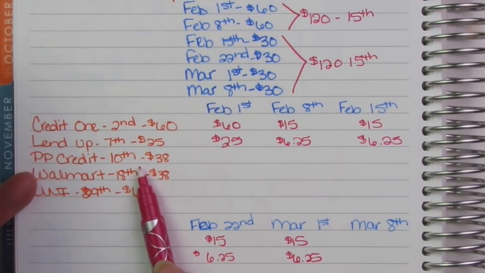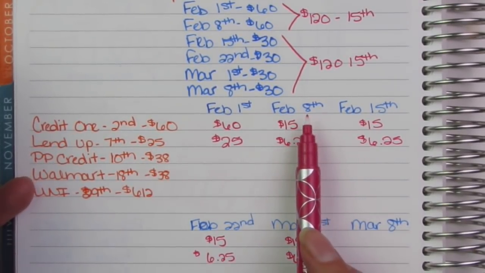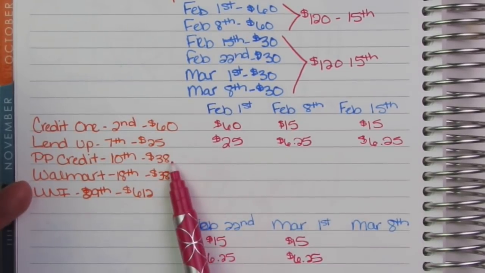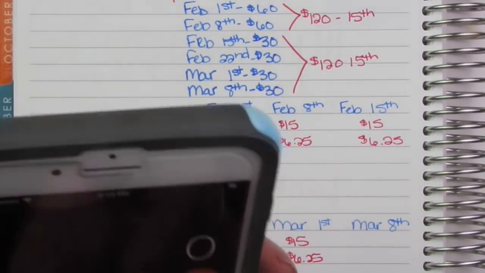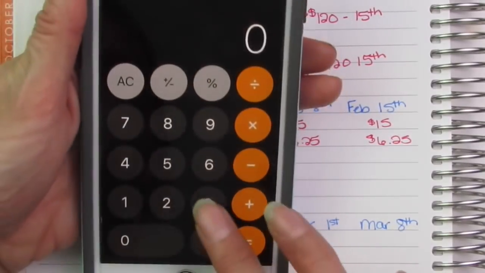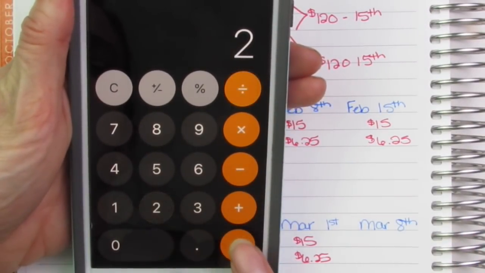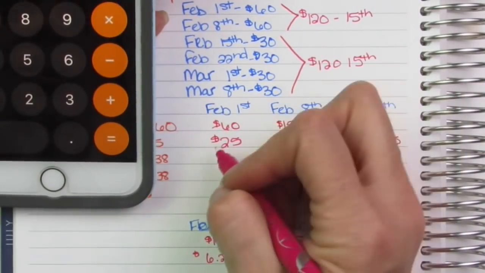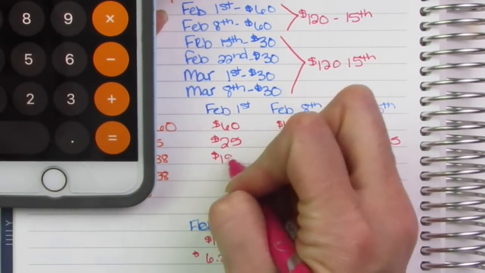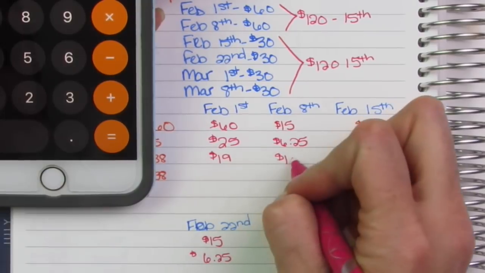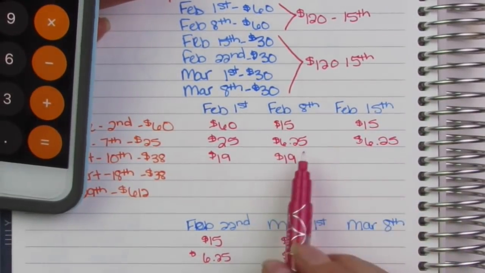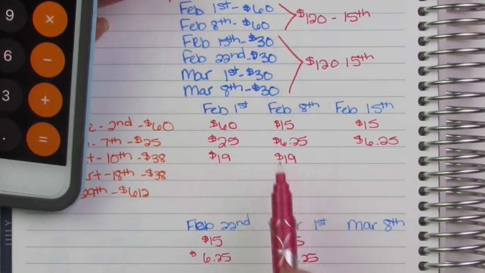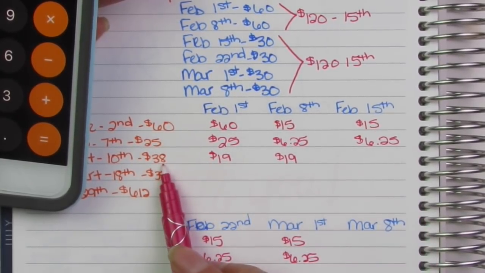PP credit is due on the 10th, so you are going to have 2 paychecks to split it up between before that 10th is due. So you are going to take $38 and divide it by 2, because you're going to have the first paycheck and the 8th paycheck. So you're going to need to do $19 on both of these, and then when it's due on the 10th, you'll have these 2 amounts added up together equals $38 to be able to put towards that $38 payment.